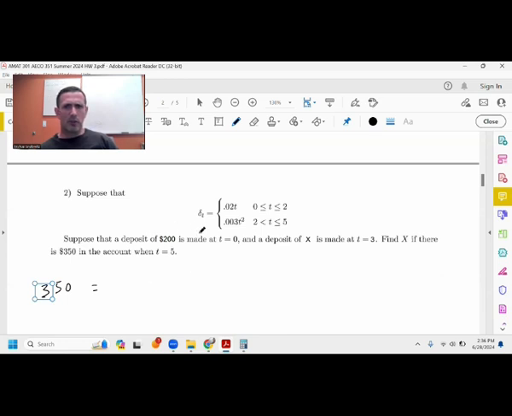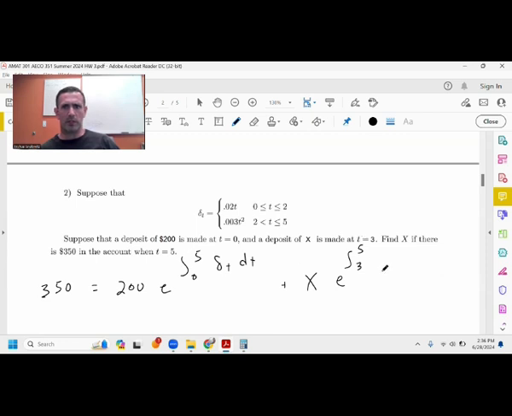So let's see what the 200 does at the end, from 0 to 5. So it's 200 e to the integral 0 to 5 of the force of interest dt. The positive x is made at t equals 3, so it's x e to the integral 3 to 5, because we're trying to figure out what's going on at t equals 5.